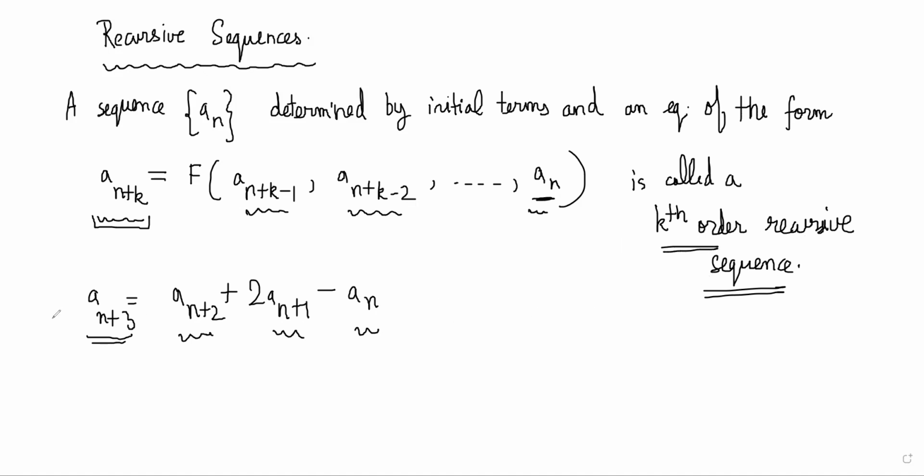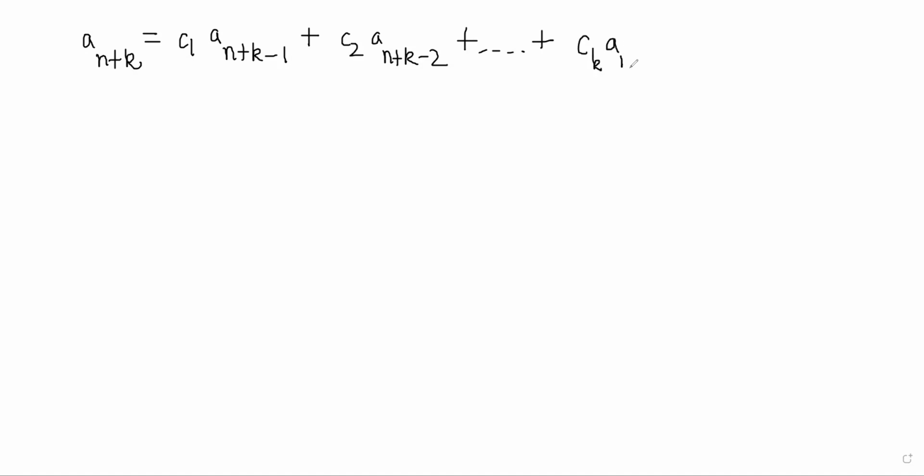So if we have a basic equation that defines a recursive sequence like this, C1 a_{n+k-1} plus C2 a_{n+k-2}, and so on till Ck a_n plus some function of n, this is a linear kth order recursive sequence.